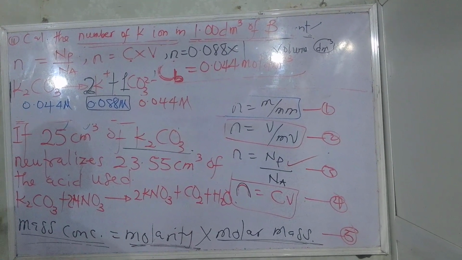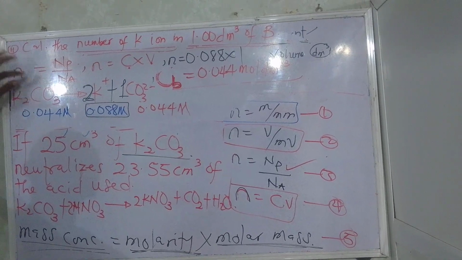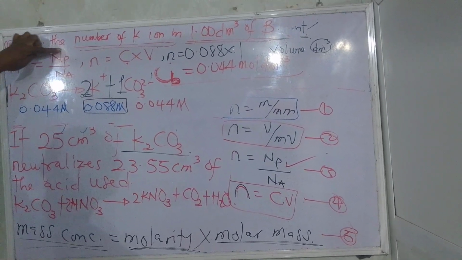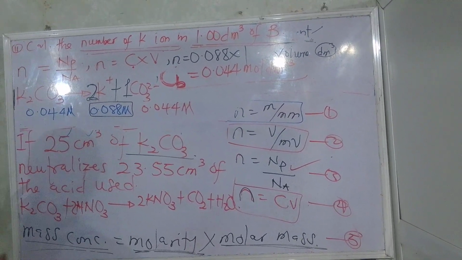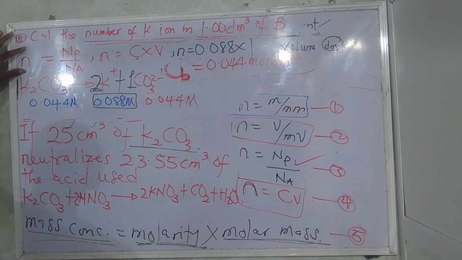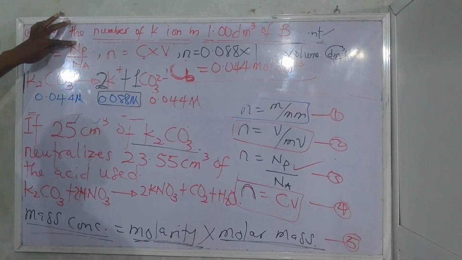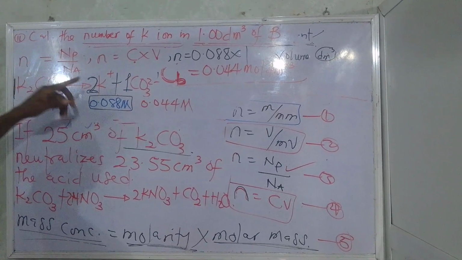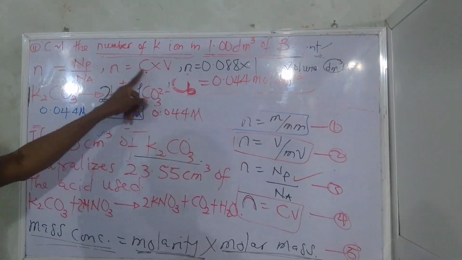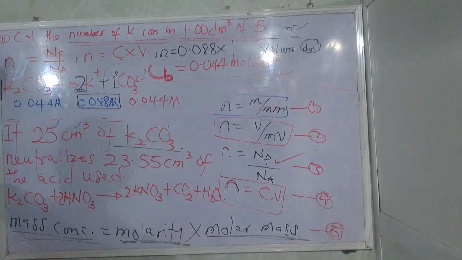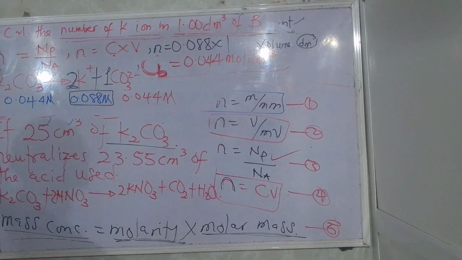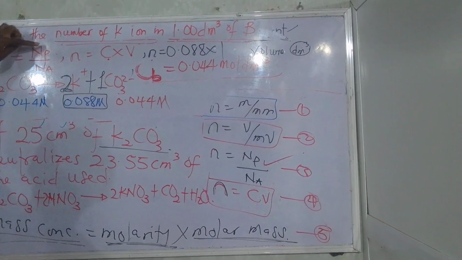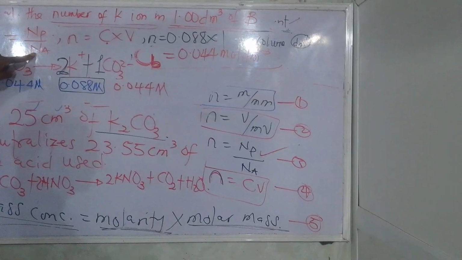So therefore, the number of mole here is going to be 0.088 moles. And if I know the number of mole and I know Avogadro's number, can I know the number of particles? Yes. Number of mole equals number of particles over Avogadro's number. I have gotten the number of mole, so you put 0.088 equals number of particles over Avogadro's number.